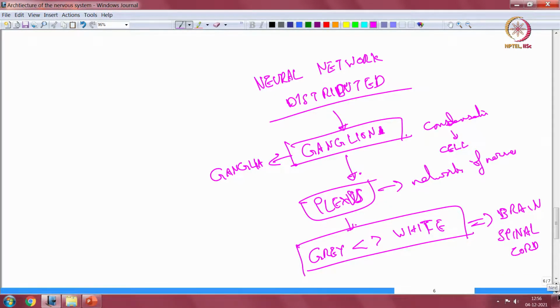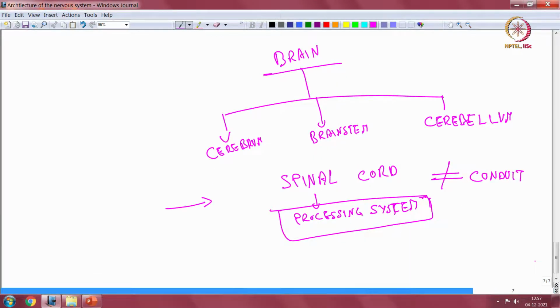Coming back to the brain, we have these gross entities which need to be remembered. The cerebrum is this whole structure: when you cut open the skull, what you see above your eyebrows is just about the cerebrum.